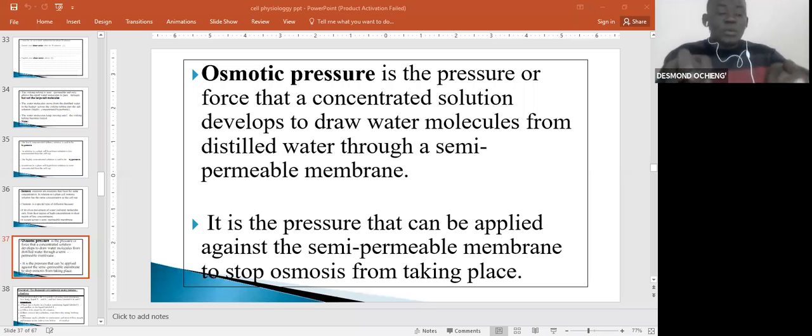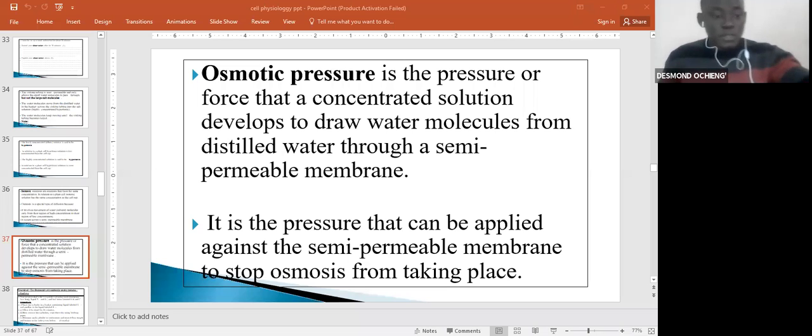So once the two solutions have become isotonic, a force will be applied on the semi-permeable membrane to stop osmosis from taking place, and this force is what is called the osmotic pressure. Like I said, a concentrated solution develops a force or a pressure, also referred to as osmotic pressure, which draws water from the dilute solution.